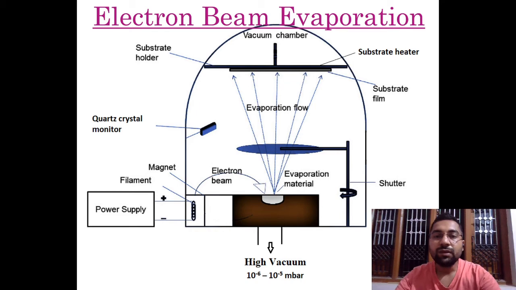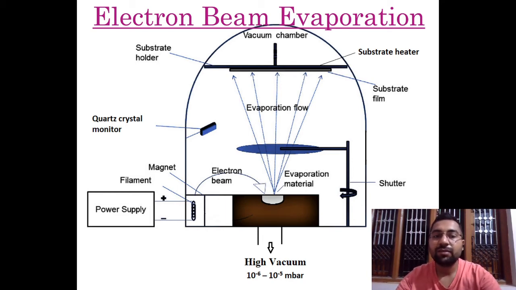So further pressure, of the order of 10 to the power minus 3 to minus 6, is achieved by using the diffusion pump.